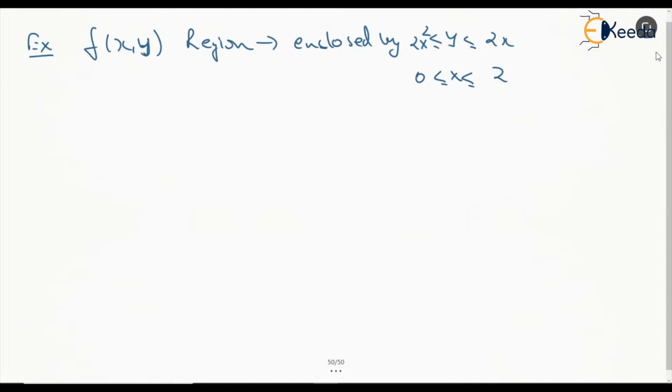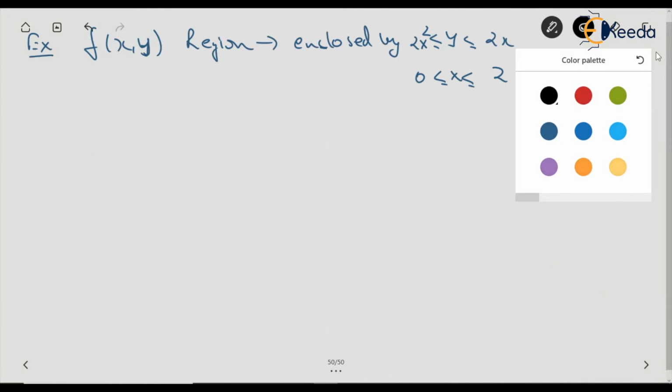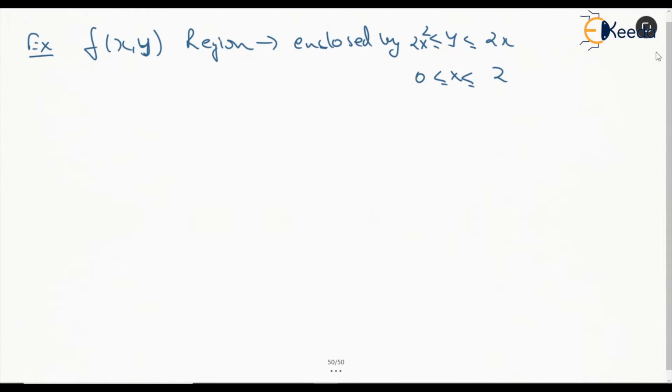So let's see. y is equal to 2x square and y is equal to 2x. Let's say this is y is equal to 2x square, and let's say this is a straight line.